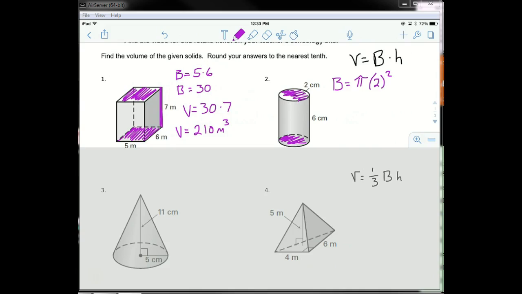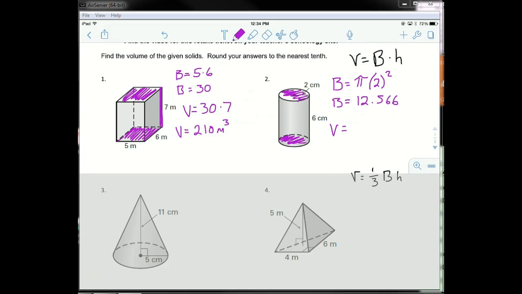Multiply that on your calculator and you find out that the area of the base is 12.566. And since that's not my final answer, I'm not going to round it. I will continue to then find the volume. So I'll use the formula.